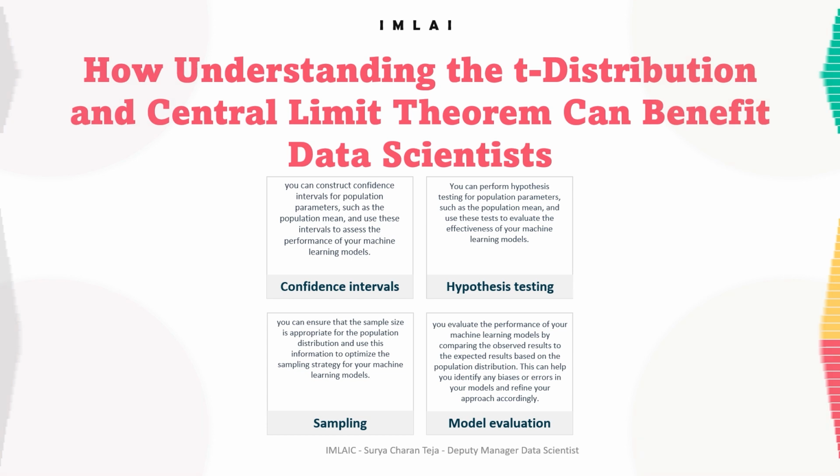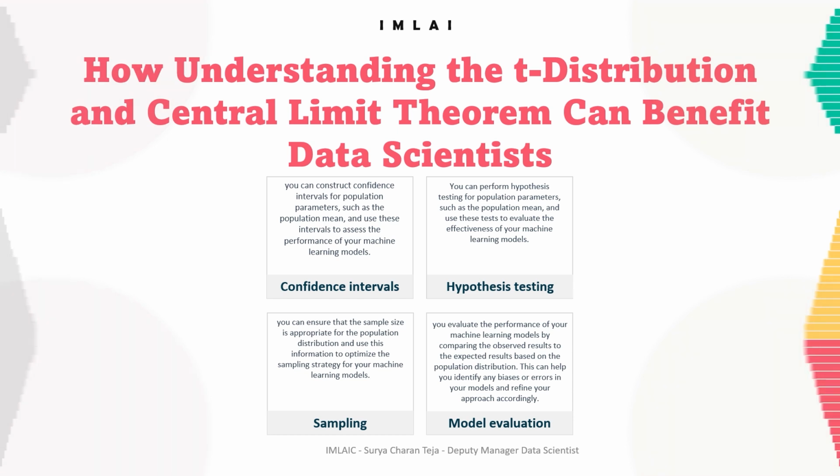So in summary, understanding the t distribution and the central limit theorem can help you work with your machine learning models by providing a solid foundation for constructing confidence intervals, performing hypothesis testing, optimizing sampling strategies, and evaluating model performance.